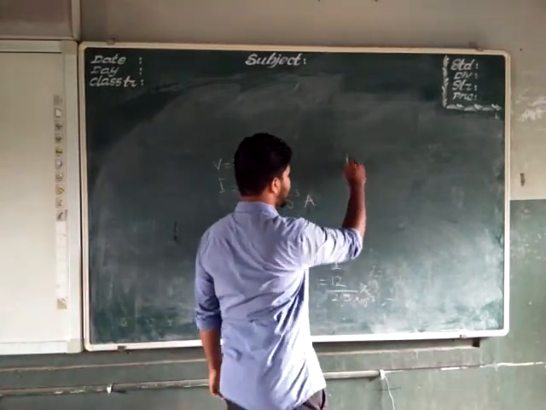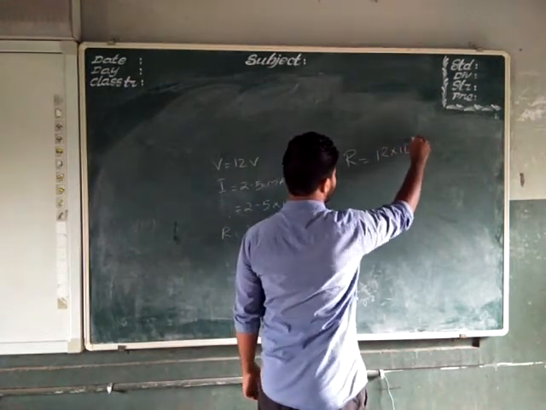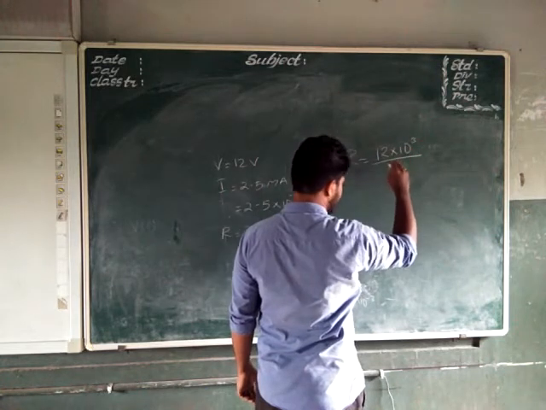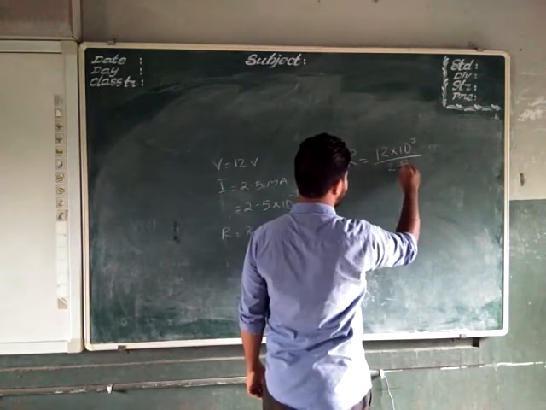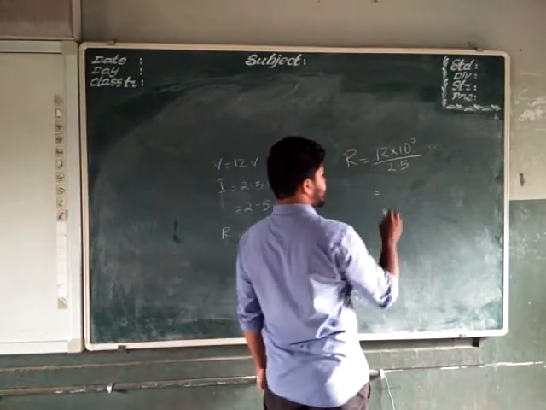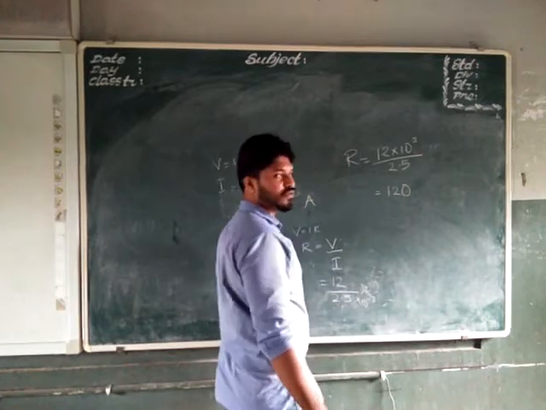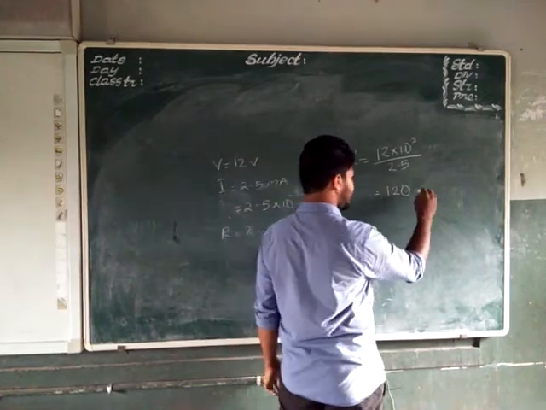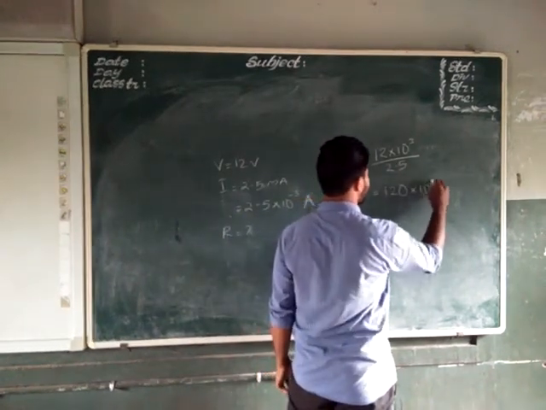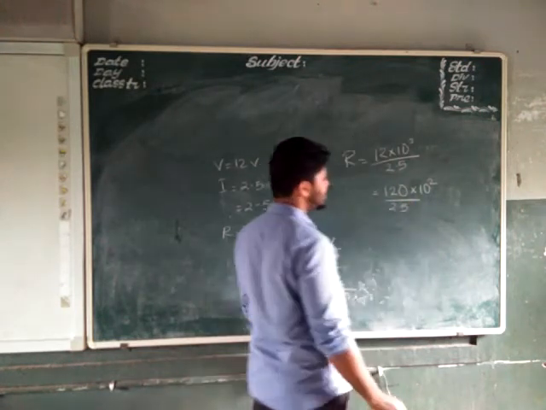So R is equal to 12 into 10 raised to 3 divided by 2.5. What is 12 into 10 raised to 3? You can write it as 120 into 10 square also, divided by 2.5.